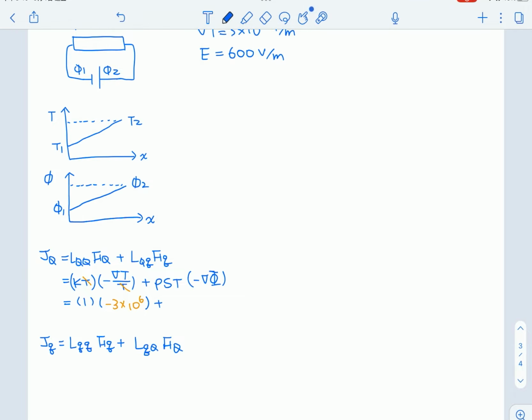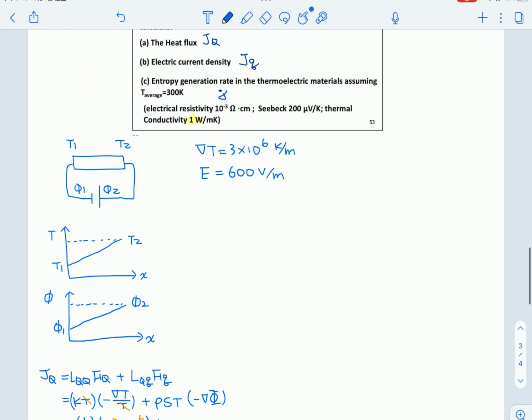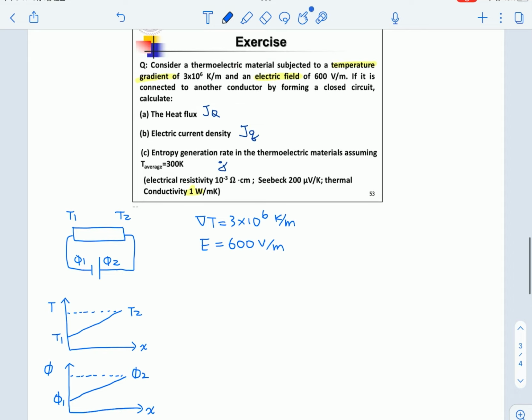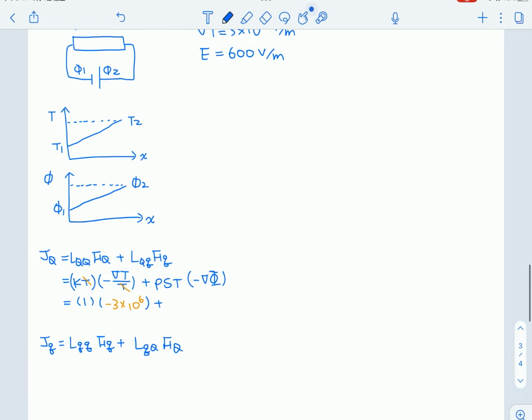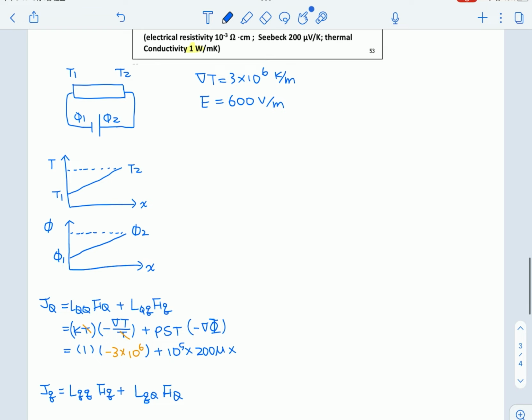Plus the electrical conductivity here. The information I gave you is the electrical resistivity, so you need to convert this to electrical conductivity. If you convert it, it'll be 10 to 5. Okay, and the Seebeck coefficient is 200 micro. And the T here is the average, 300.